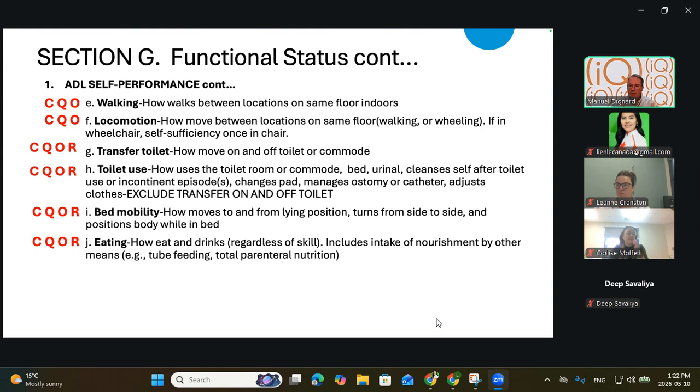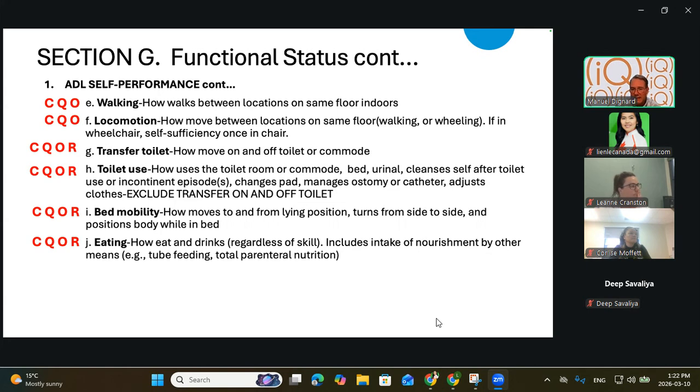So it's not whether they have good appetite. And this will include the use of adaptive utensils, and it also includes any alternative methods of nourishment, whether it's tube feeding, TPN. So setup help, like opening containers, cutting their meat is common. And then once the food is in front of them, how much do they do?